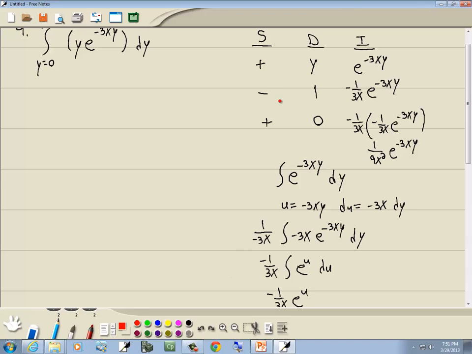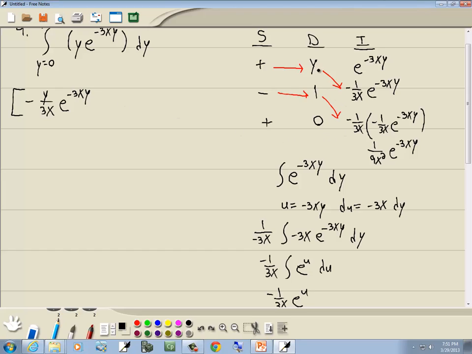Okay. Well, the way the parts goes is we go across like that, and then you go down, and then we go across like this, and then we go down. So, for this problem over here, the integral, we got a plus y times this. Well, a positive times a negative gives us negative. So we'll have negative y over 3x e to the negative 3xy.